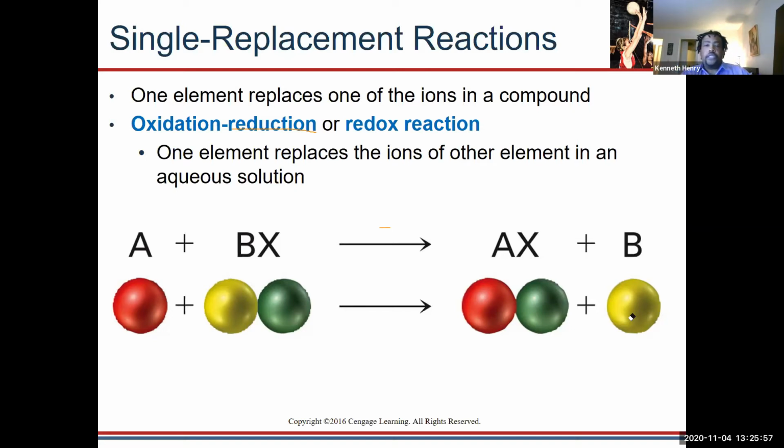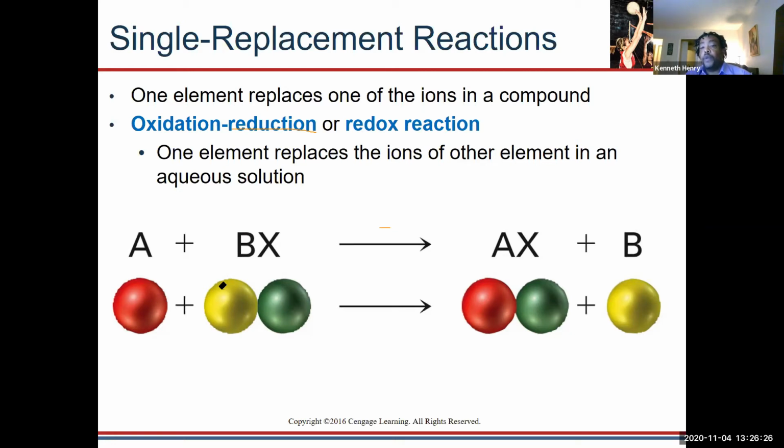Okay. Now this is going to be done in the case of A. A could be a metal, right? So a metal is going to replace a metal, or if you have an acid, it can replace the hydrogen in an acid. Or hydrogen can replace a metal, but that's a special case. Hydrogen gas can replace a metal.